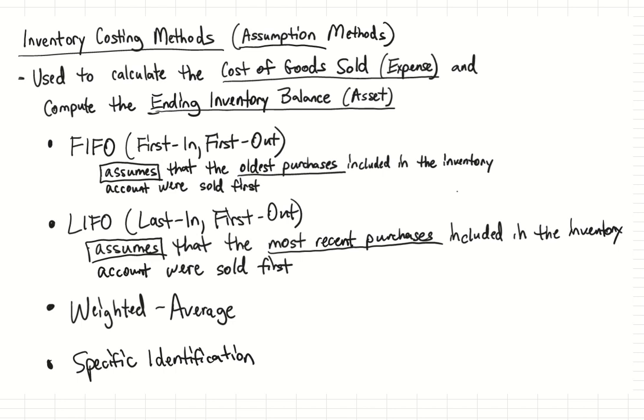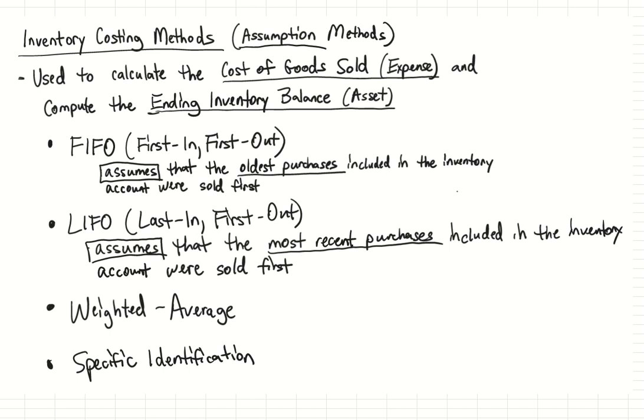So that's it for these 4 inventory costing methods. Again, these are assumption methods. This doesn't mean that whatever you record as an expense and the inventory valuation actually represents customers going into the stores and purchasing things, and the expense that's recorded representing what the customers purchase in that store in real time.